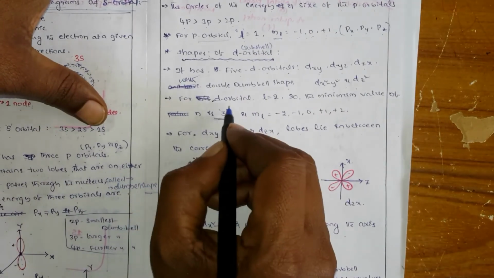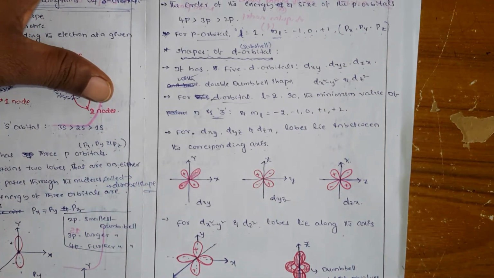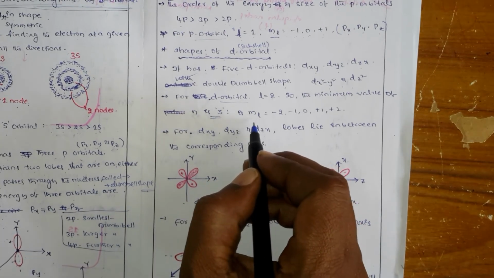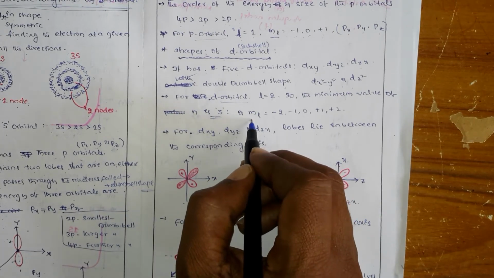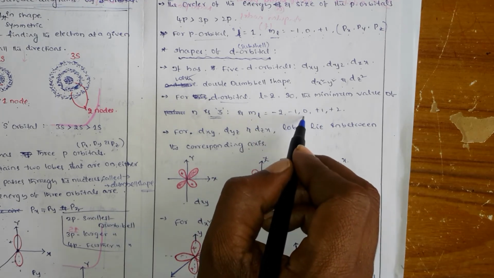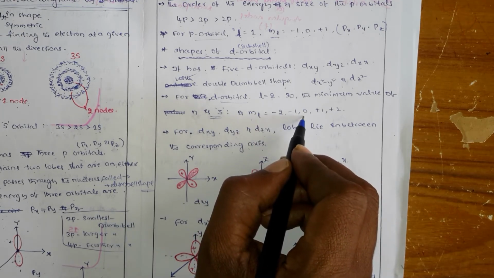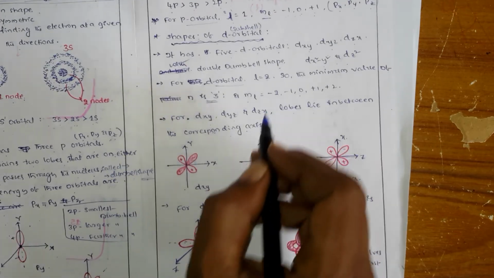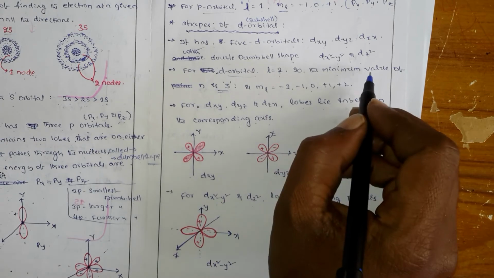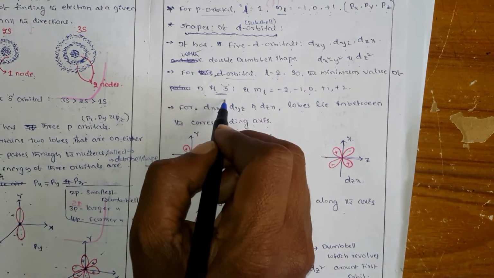And you know that for d orbital, the azimuthal quantum number L is equal to 2 only. For L equal to 2, the magnetic quantum numbers are from -2 to +2 including 0. Generally for the d orbital the L value is 2, so the minimum value of n is 3.